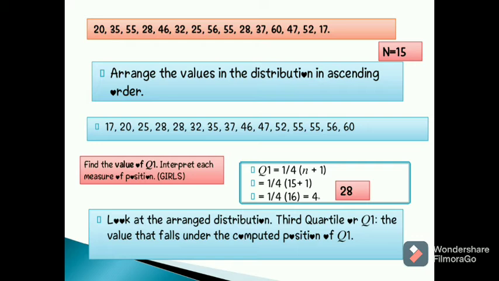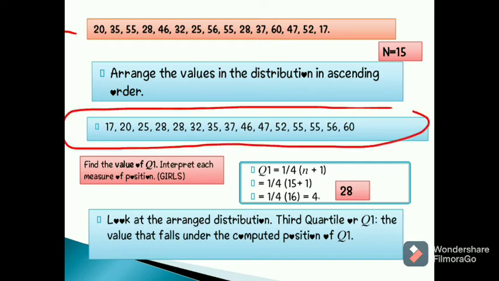Since our data given here was not yet in an array form, or not yet in ascending form, we are going to arrange it in ascending order. So here is the arranged data.